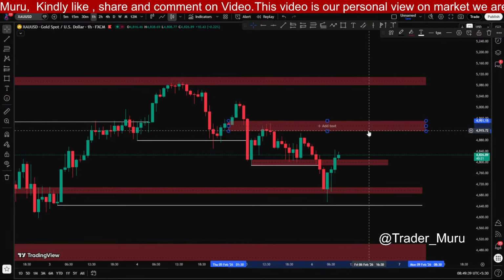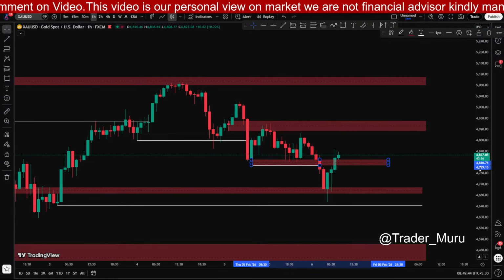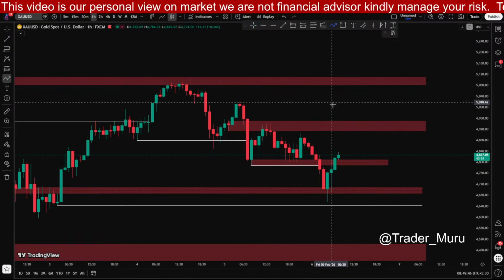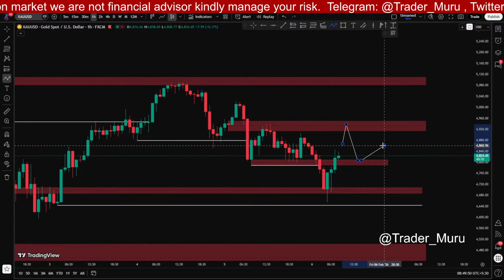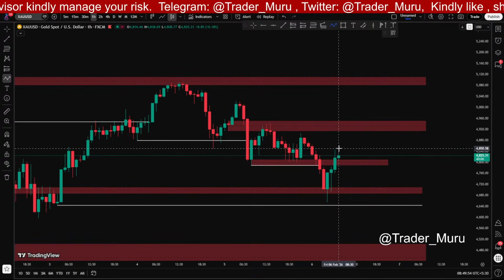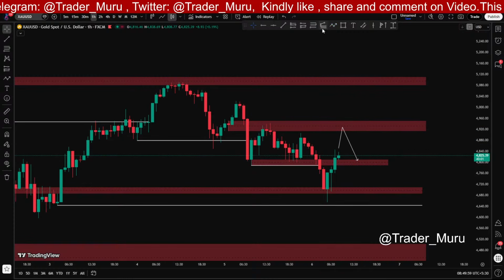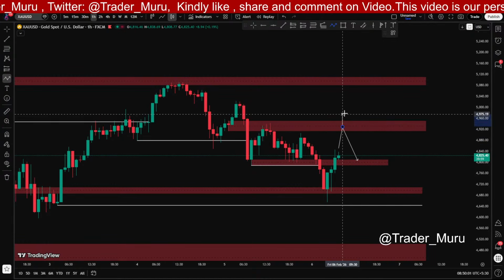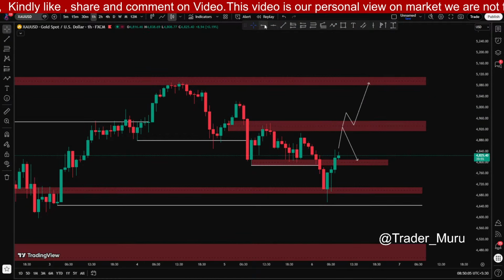The first target from this zone will be the area of 4810. So we will be looking for a short from here like this. And then if this area gets broken, we will be looking for a buy to the target of this high.